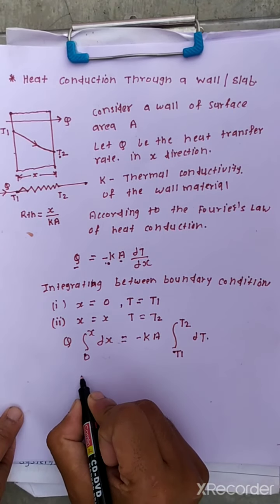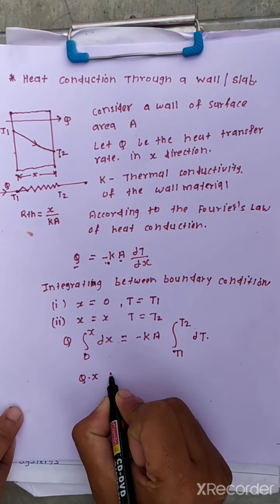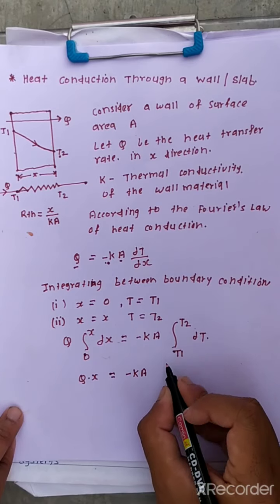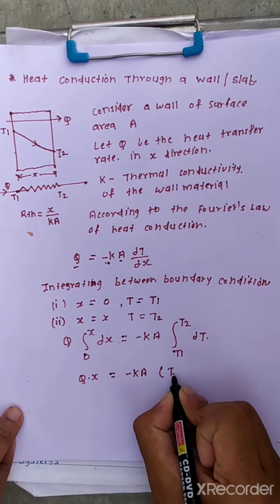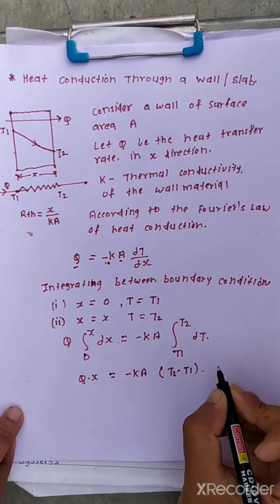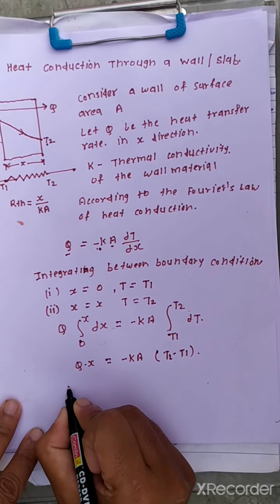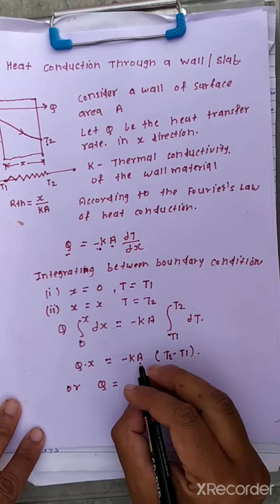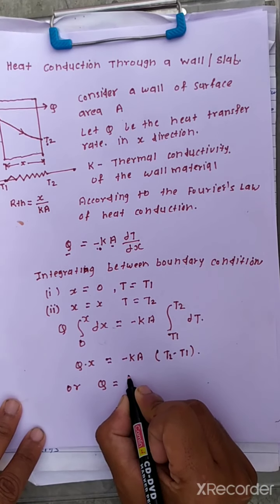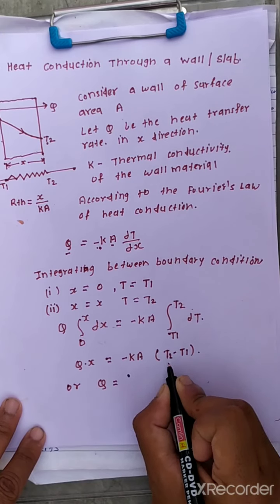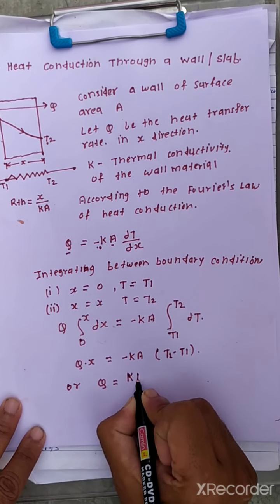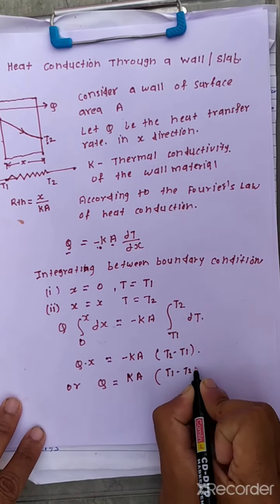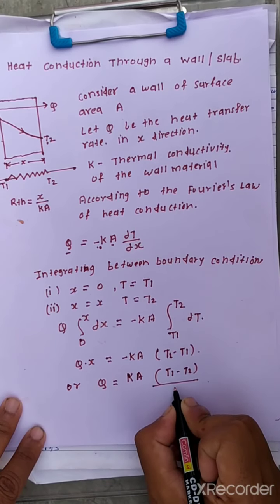After integration we get Q into x is equal to minus KA (T2 minus T1), or removing the negative sign, Q is equal to KA (T1 minus T2) upon x.